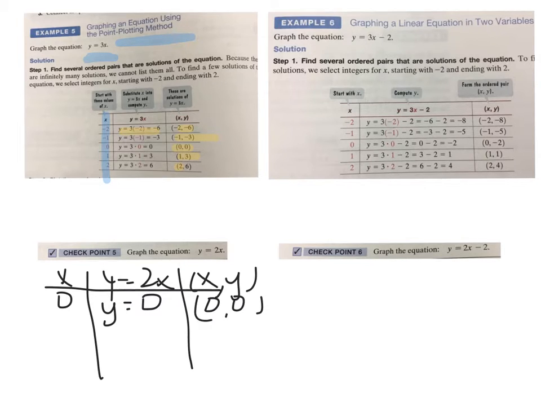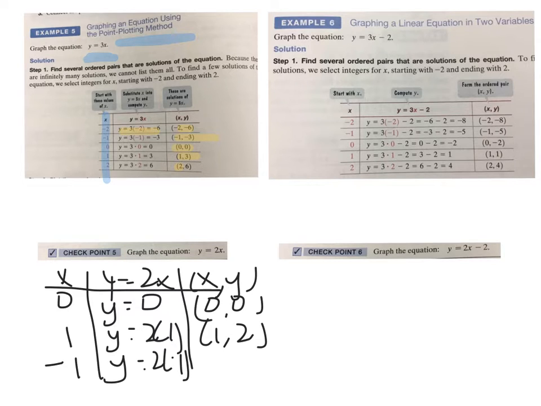Then I put in a positive 1 for the x, I get y equals 3, so I'd have 1, 3. Then I put in a negative number, so if I have y, and I have 3 with a -1, I get -1 is my x, and -3 is my y. So I have the 3 points that I can then plot on the graph.